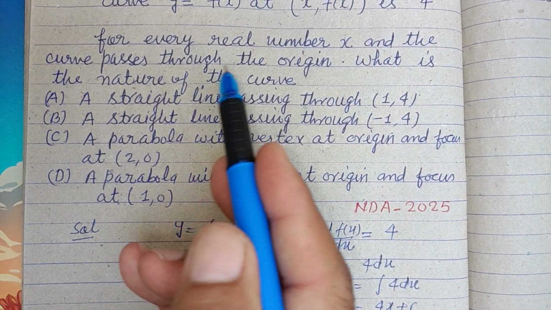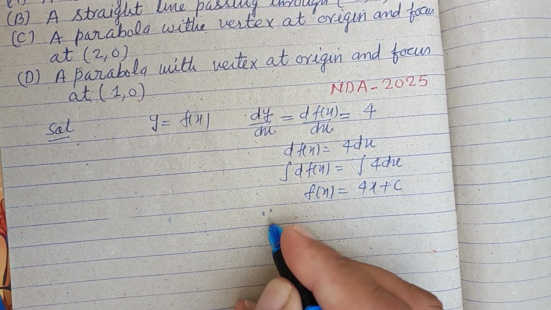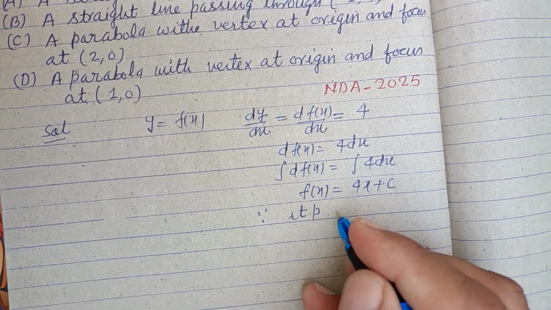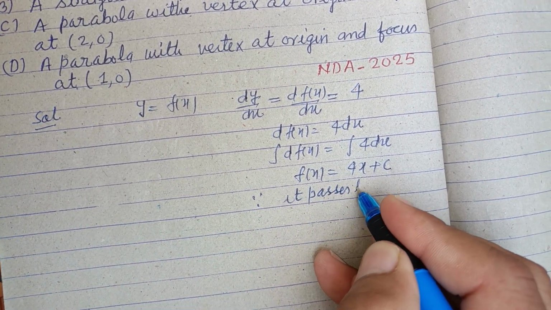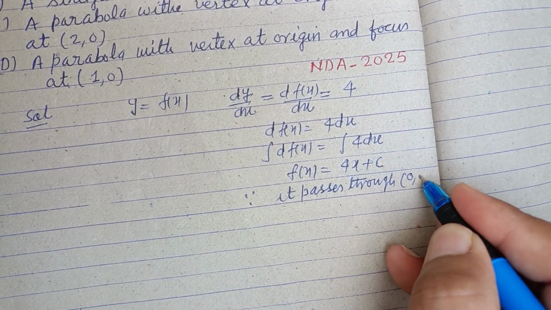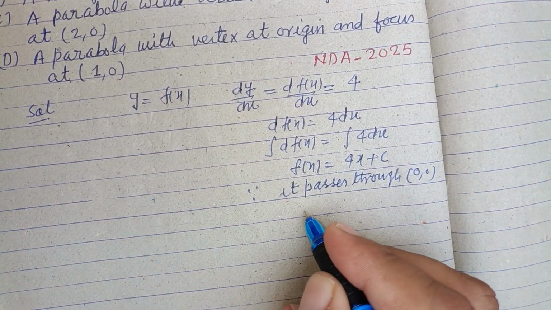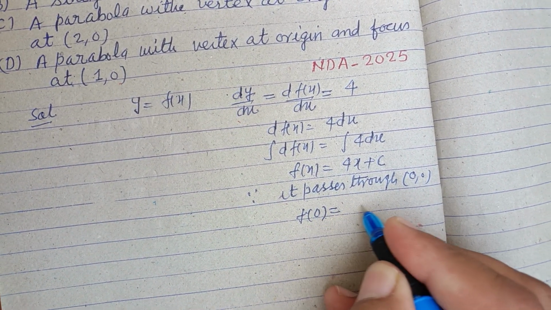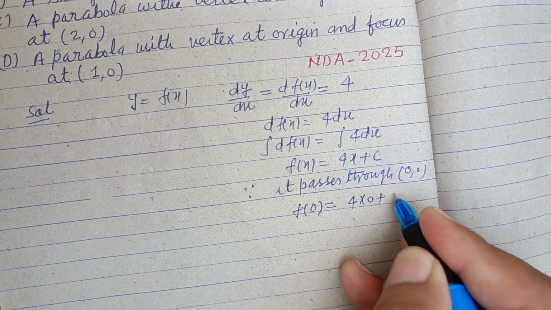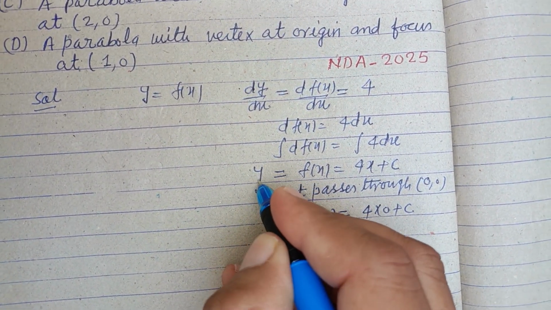Since the curve passes through the origin, since it passes through (0, 0), therefore putting the value, f(0) equal to 4 into 0 plus c, or we write it as y equal to f(x).